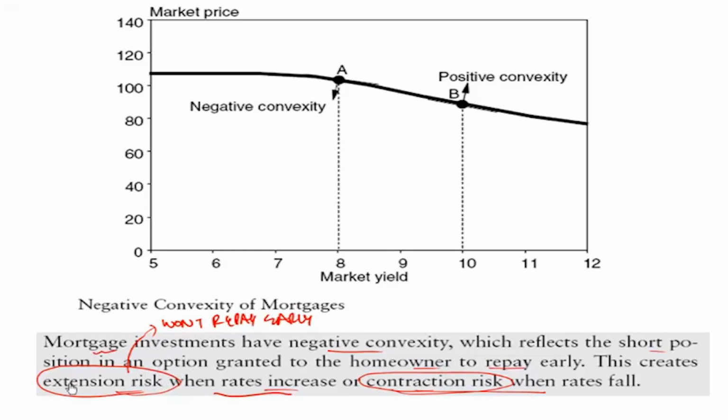This is called extension risk. When rates fall, I don't want people to prepay because I have already locked in a good high rate. But when rates fall, people tend to repay early, reducing the duration and the maturity of my mortgage, which is referred to as contraction risk.